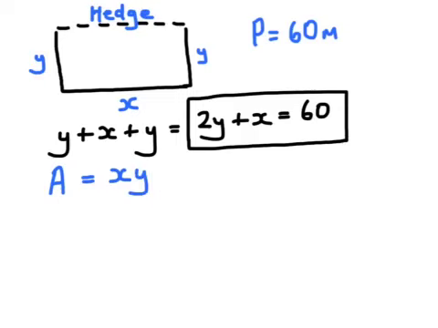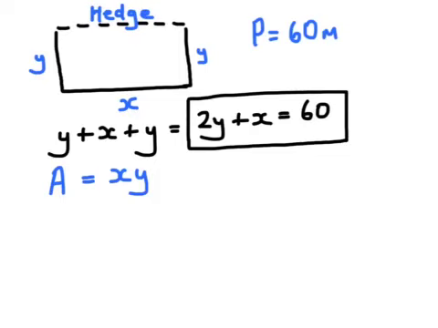Now, what I want to do is find out what this is in terms of one of the letters only. At the moment, I've got the area in terms of two letters. So I'm going to use this information and substitute it in here.